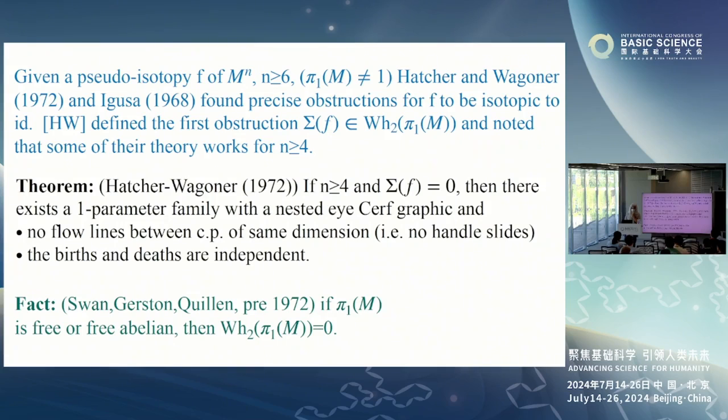Now, this first obstruction lies in this K-theory group, Wh_2 of the fundamental group. And these people, circa early 70s, showed that if the fundamental group was free or free abelian, then this K-theory group is equal to 0. So in particular, if the fundamental group is trivial, for example, then this first obstruction is always 0.